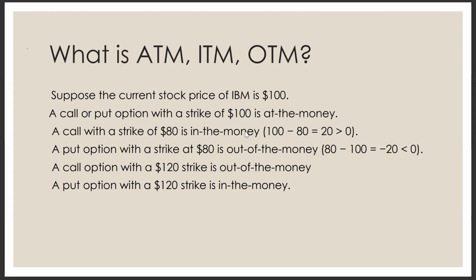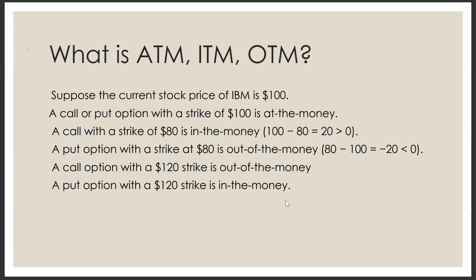But for a put option with the same strike price, it is out of the money, because the payoff for a put option we compute opposite, like the difference between strike price and market price, and it will be a negative value. So it means that the put option is out of the money.